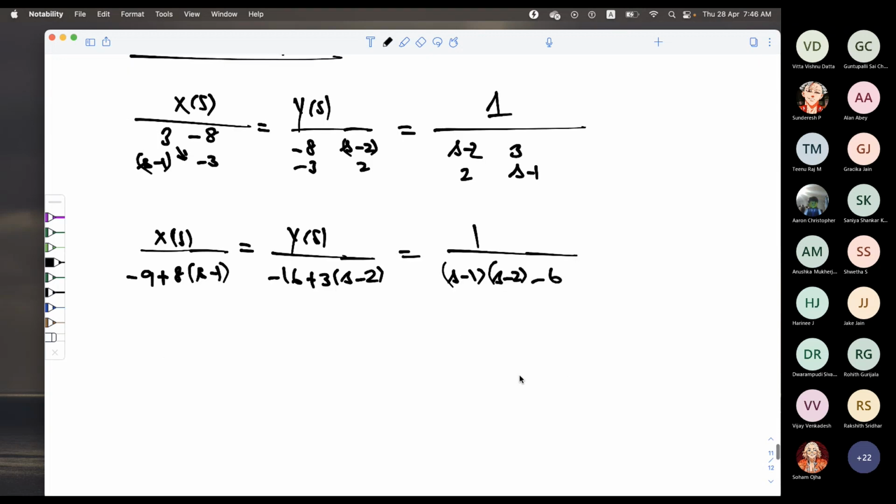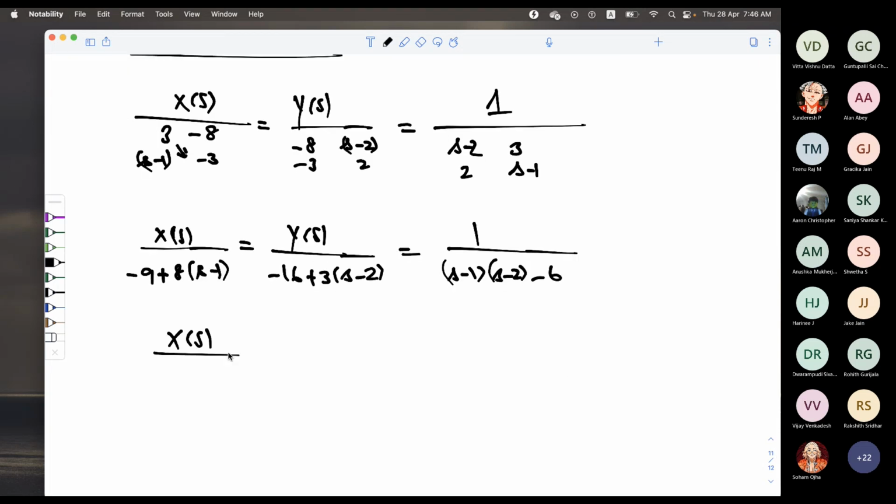Or simply, if you are writing X(s) divided by 8 times s minus 8 minus 9, overall it is minus 17. Then Y(s) is 3s minus 6 minus, this is minus 22, am I right? And 1 divided by s square minus 3s plus 2 minus 6, so minus 4.